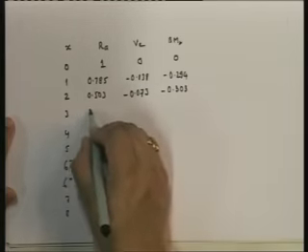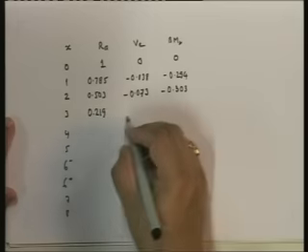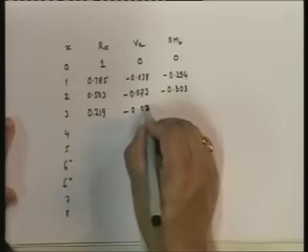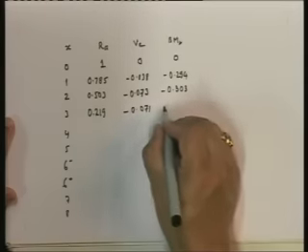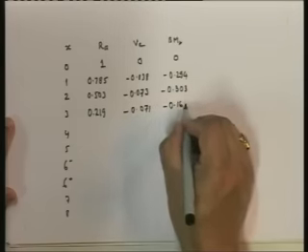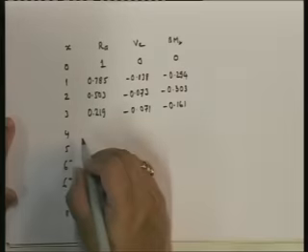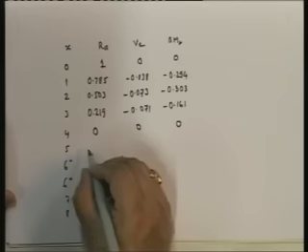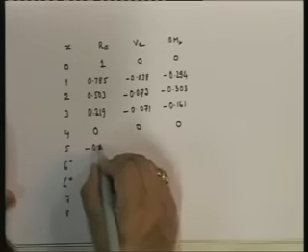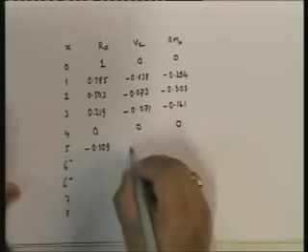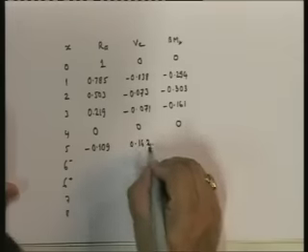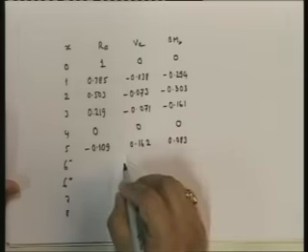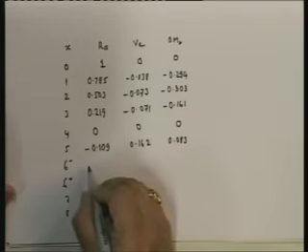For 3 it is 0.219, minus 0.71, minus 0.161. For 4 all these are 0. For 5 this is minus 1, this is 0.62, 0.0383.